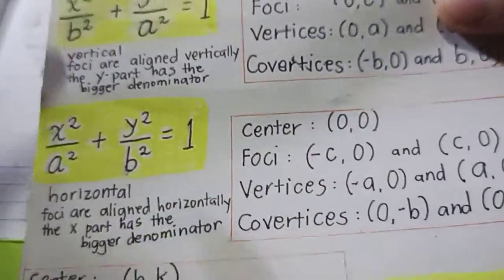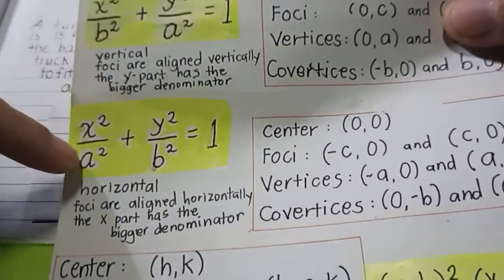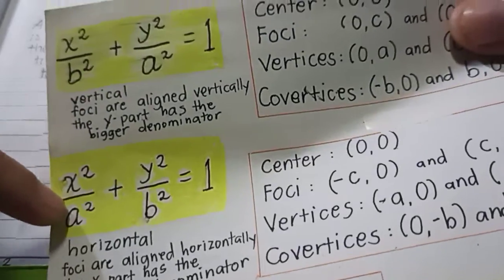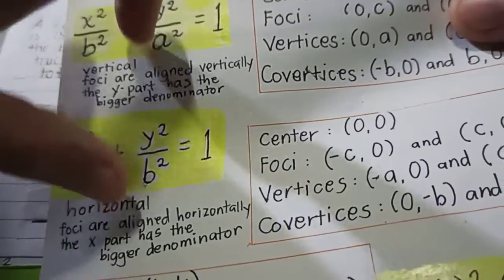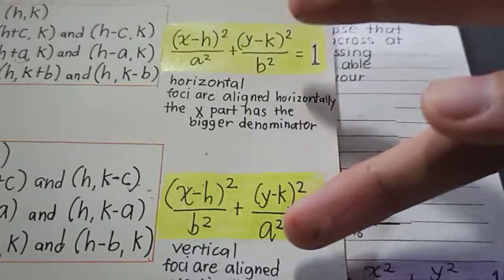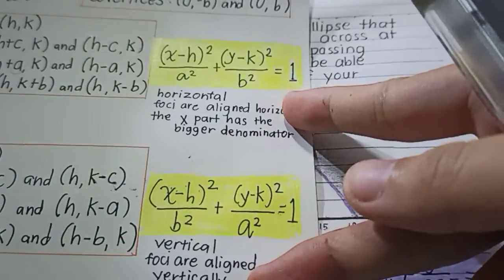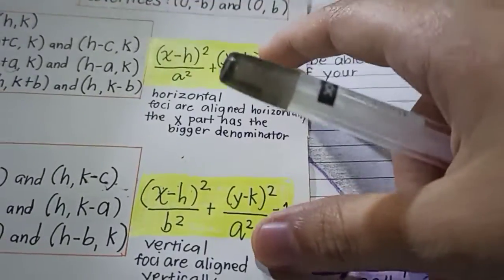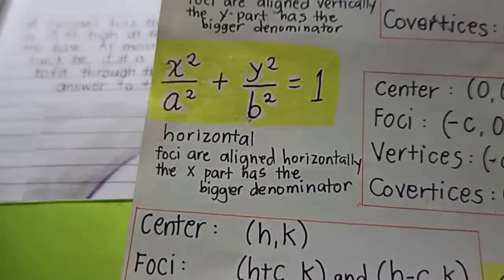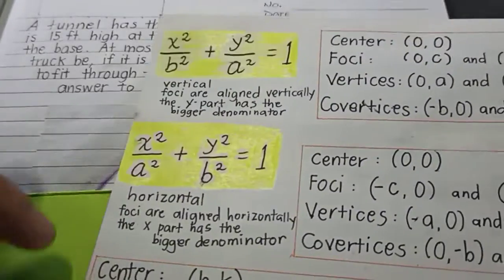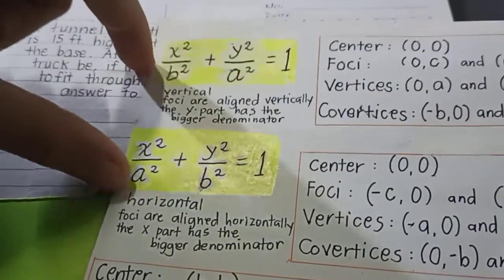This one is for the vertical, this one is for the horizontal ellipse with center at the origin. And these two, we will not be able to use because they are for horizontal and vertical ellipse with center at (h, k). Because we have mapped out our problem on a Cartesian plane with center at (0, 0), then we will choose between these two.